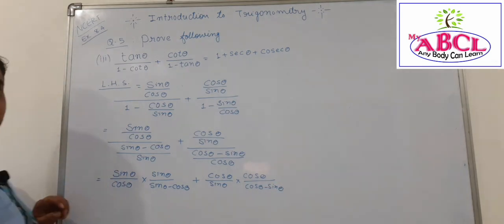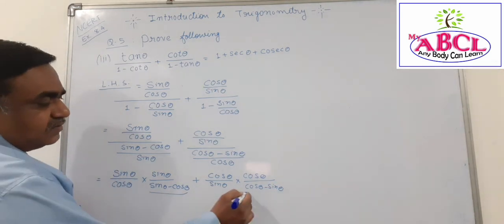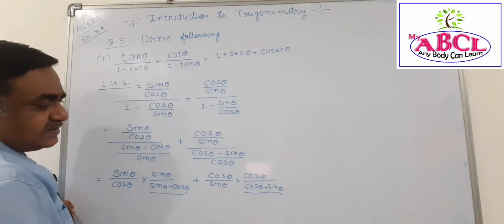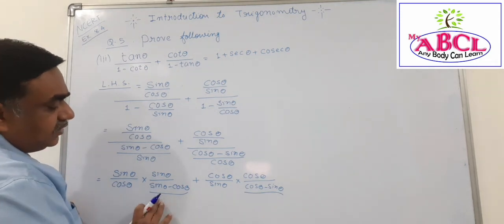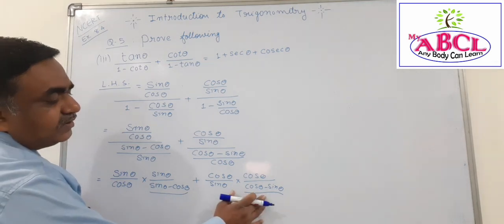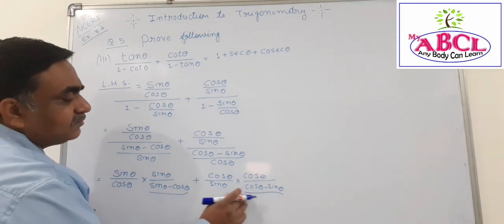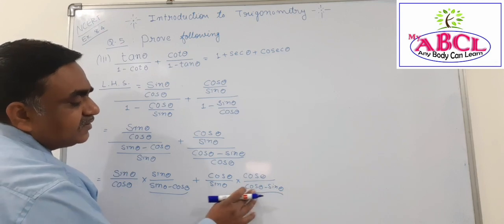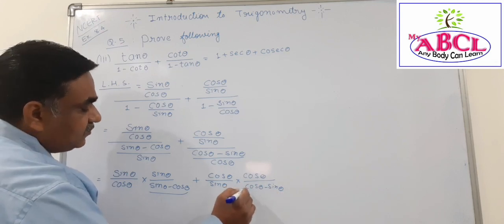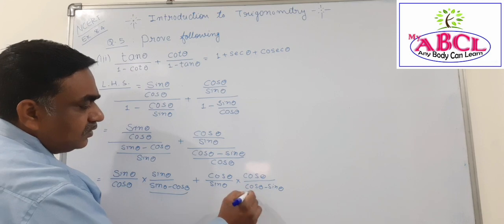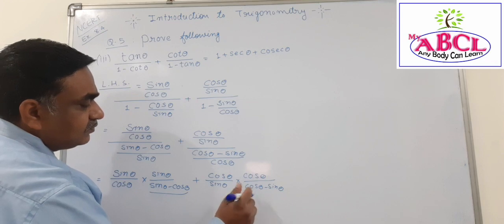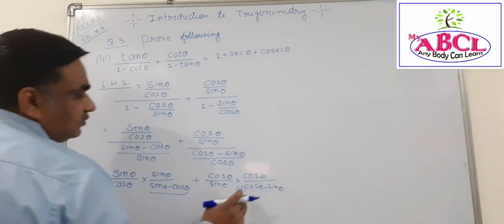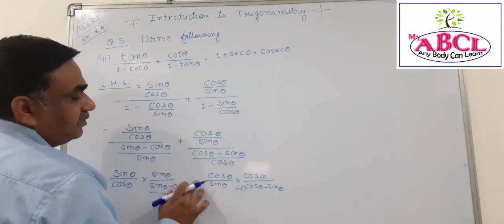We can see here sine theta minus cos theta and cos theta minus sine theta. So let's convert it into sine theta minus cos theta. For that I will multiply it with minus 1. I'll take minus as a common from here, so this would become sine theta minus cos theta with minus 1, and this minus will go there.